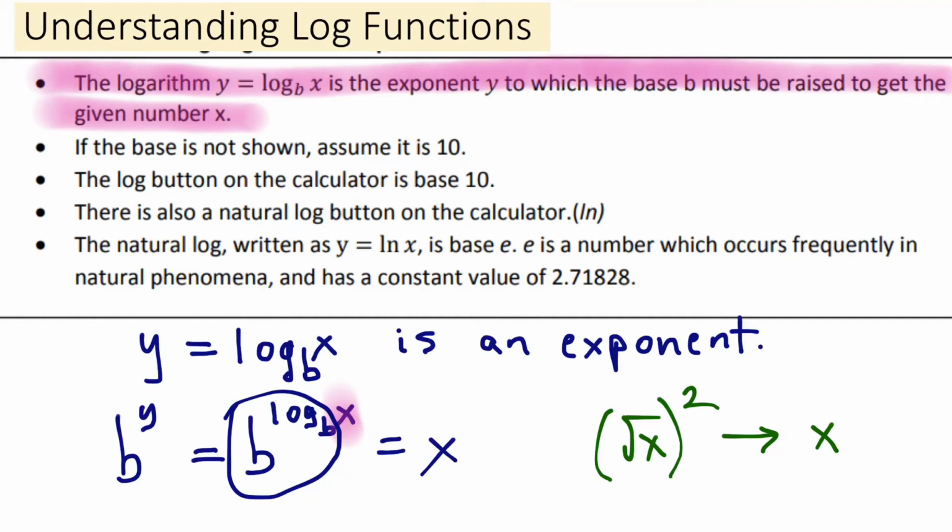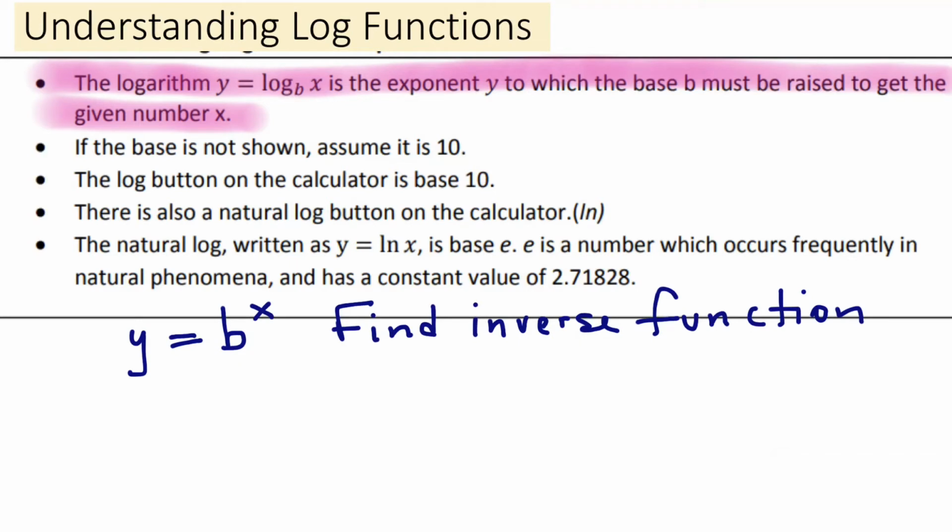So if I square that root x, it'll return me an x. So a squaring undoes a square root undoes a square. And it's that type of thinking we have to adopt here when we're talking about exponential functions and log functions. They undo one another because they are inverses.